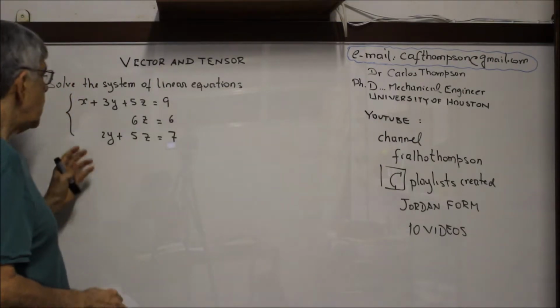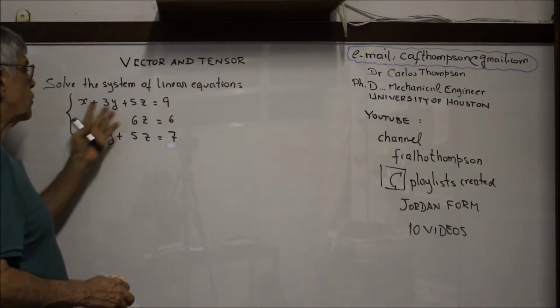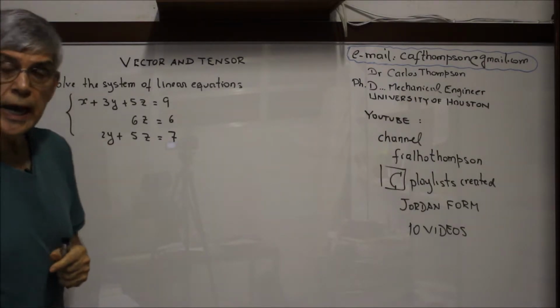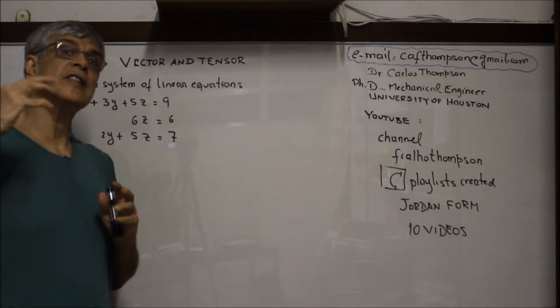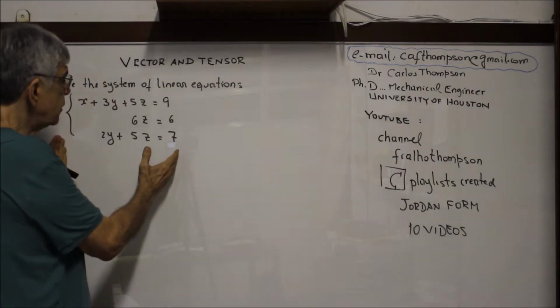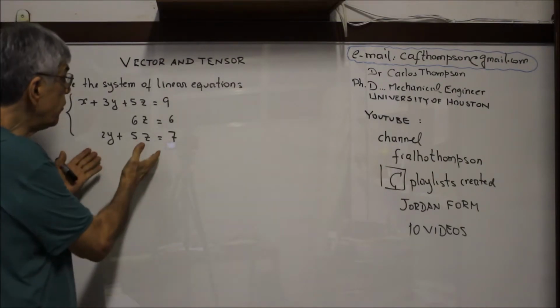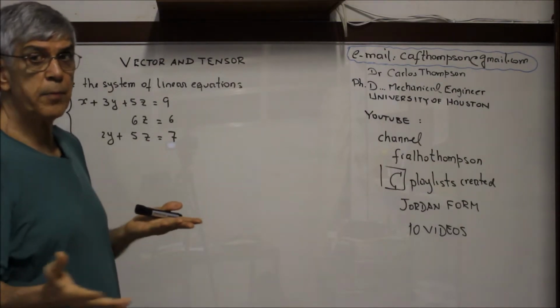Now we use the GRAM SCHMIDT method to solve this equation. As I emphasized in that video, the example that I show is quite simple. We can solve it without using the GRAM SCHMIDT method.